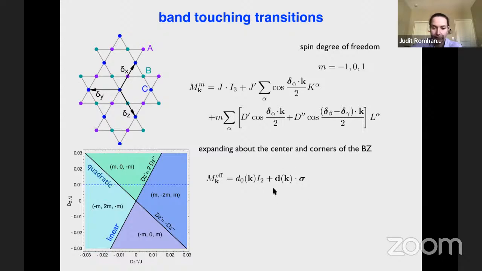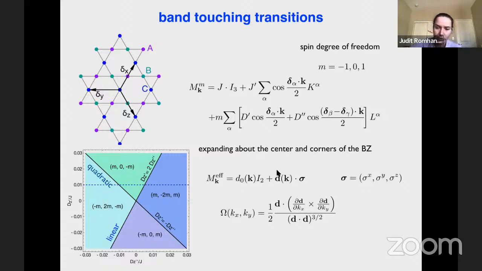And then the D vector is going to contain everything that we need to know about the topology of these bands, and we can compute the Berry curvature using the components of this D vector. That is kind of like a pseudomagnetic field that splits these 2 levels. And one can also compute the Chern number, or at least the contribution of this Berry curvature in the vicinity of these points where we expand about.